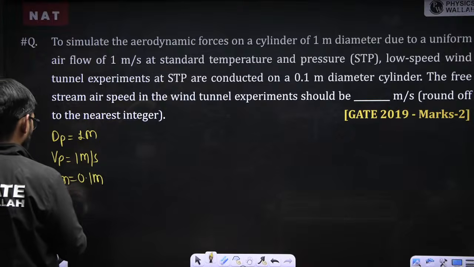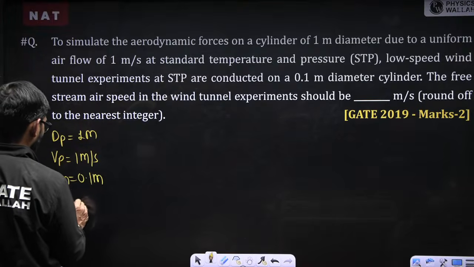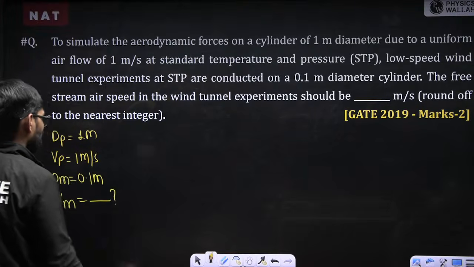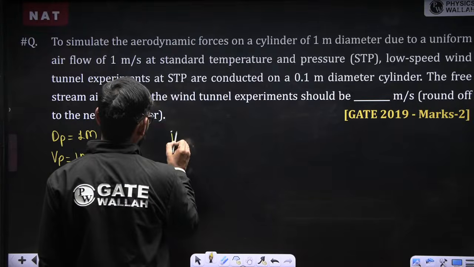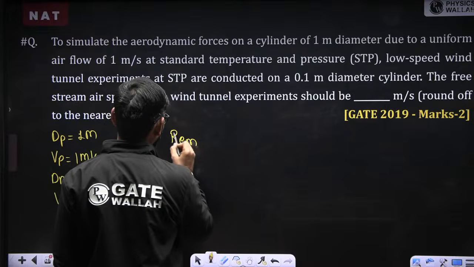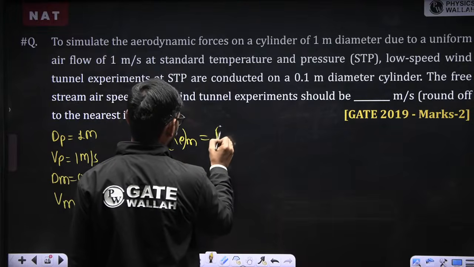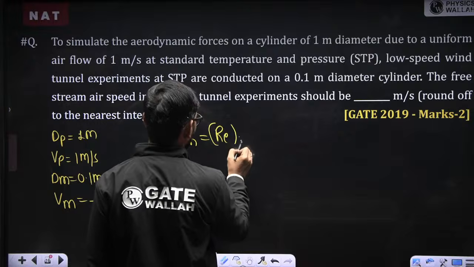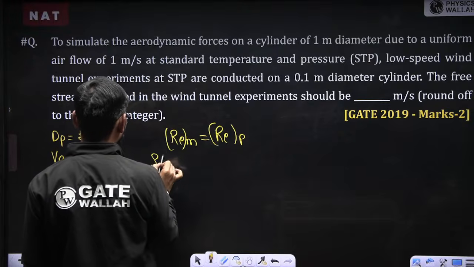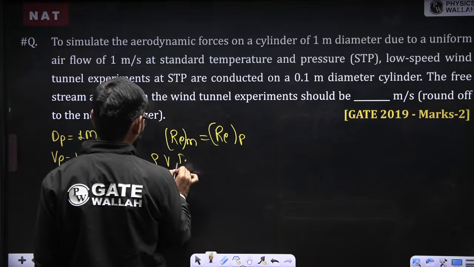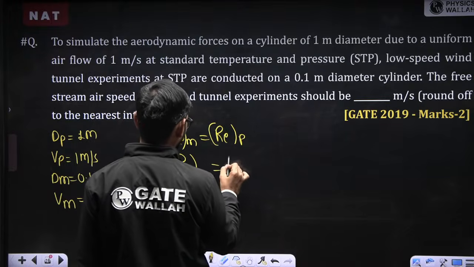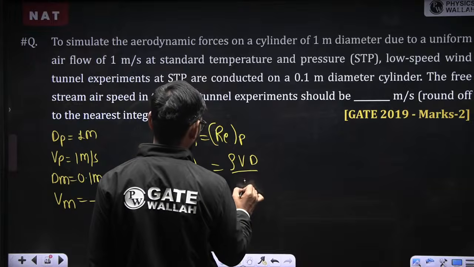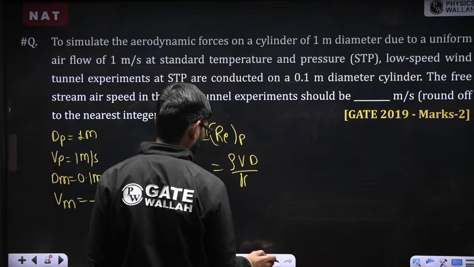We need to find the Vm value. Here we say Reynolds number of model is equal to Reynolds number of prototype. So rho V D by mu of model is equal to rho V D by mu of prototype.